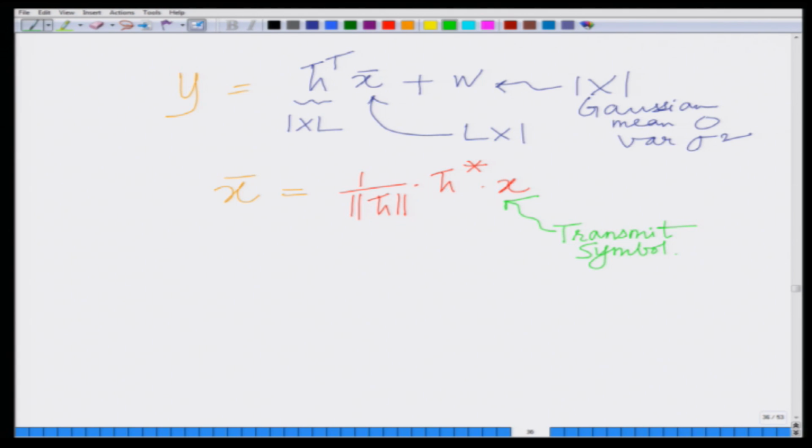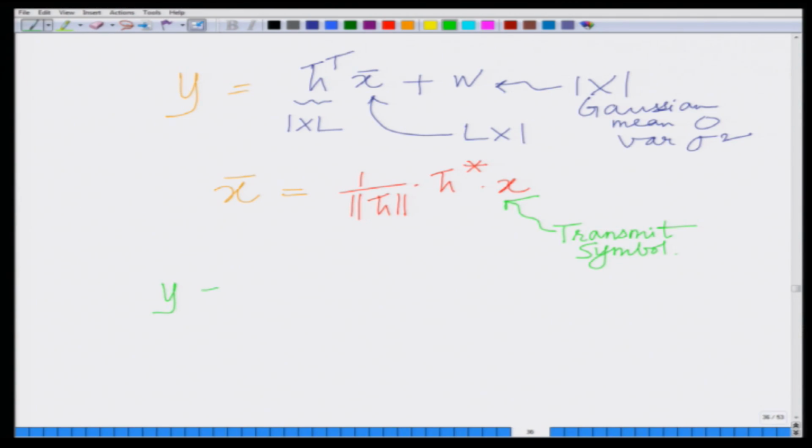So, my system model is Y equals H bar transpose X plus W. My transmit beamformer is H bar conjugate divided by norm H bar, and my transmit vector is X bar equals H bar conjugate divided by norm H bar times X. Therefore, once I substitute this in the system model, I get Y equals H bar transpose H bar conjugate divided by norm H bar times X plus W.